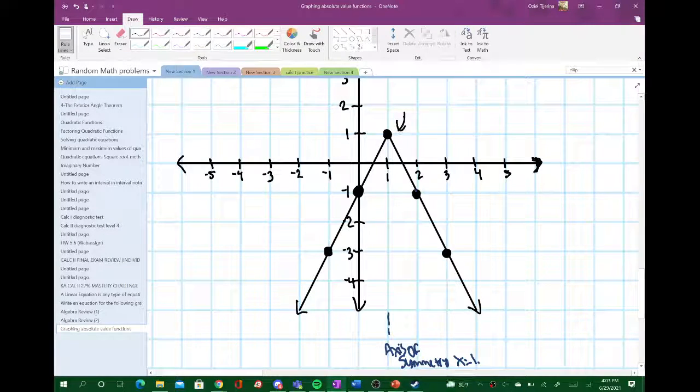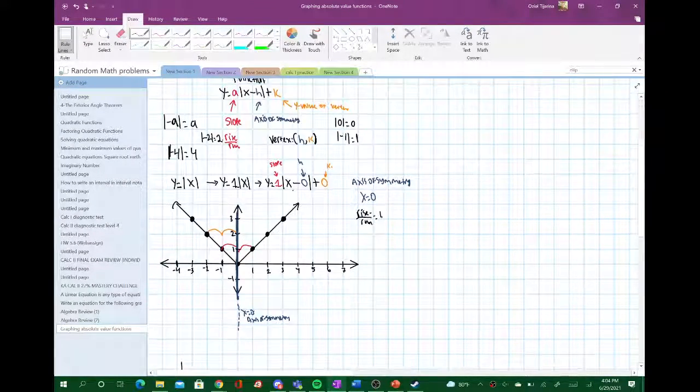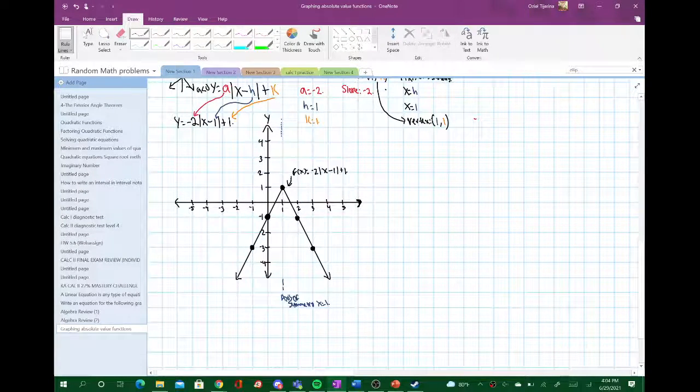So this represents f(x) equals -2 times the absolute value of x minus 1, plus 1. And that is how you graph both these absolute value functions with and without an xy table.